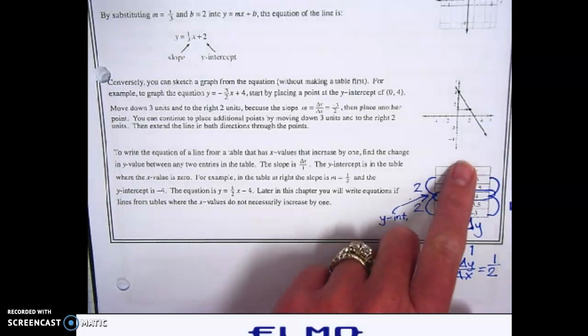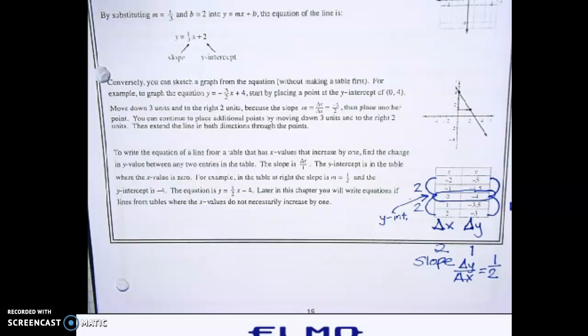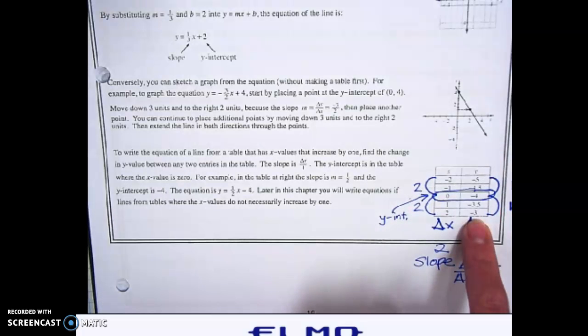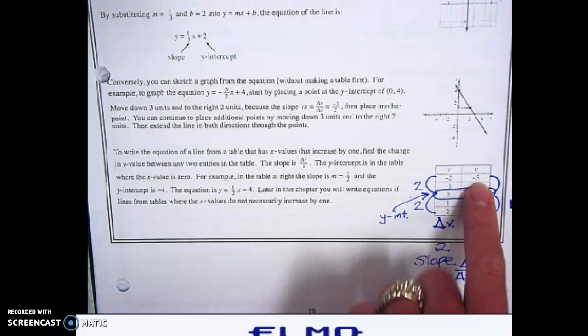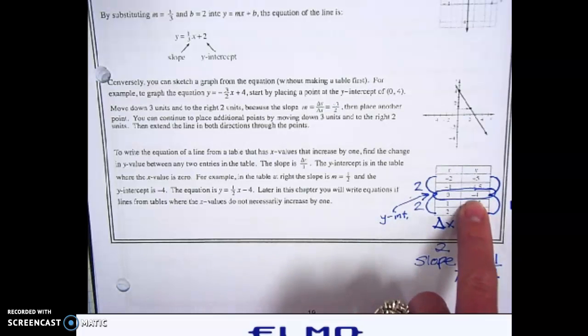Okay, so what you're going to notice in this table is that the y value is not changing by just 1. From -5 to -4.5 is only 0.5, okay? But the next number is -4.